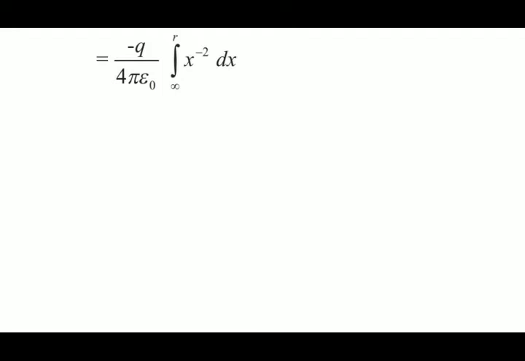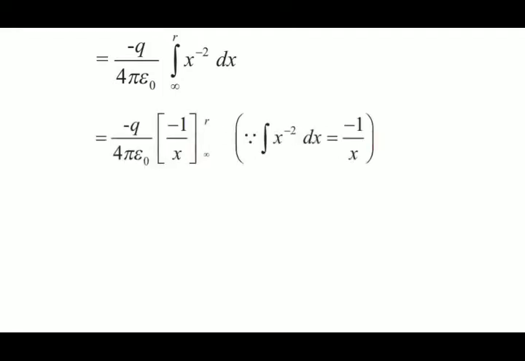So let's apply the integration. When we apply this integration, minus q upon 4 pi epsilon naught will remain the same. When we apply integration to x raised to minus 2, it will be minus 1 upon x with the limit of infinity to r.